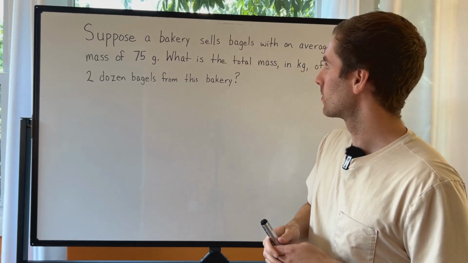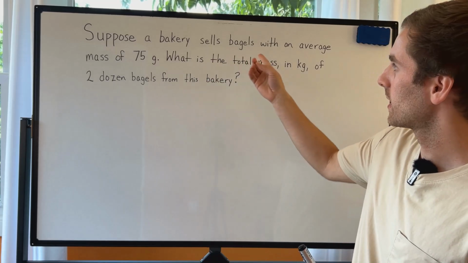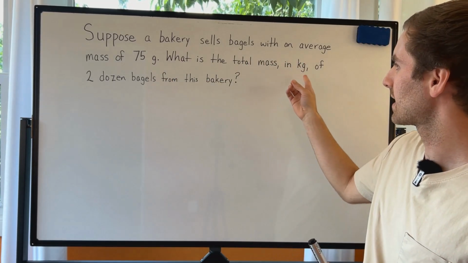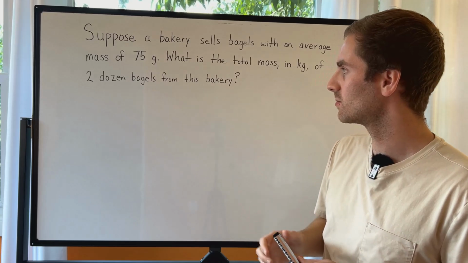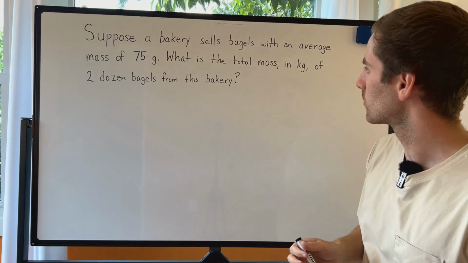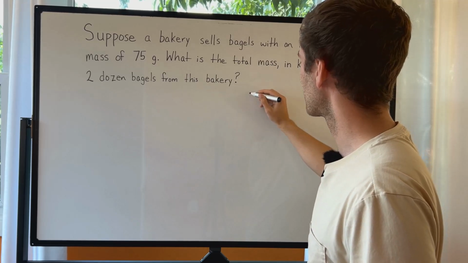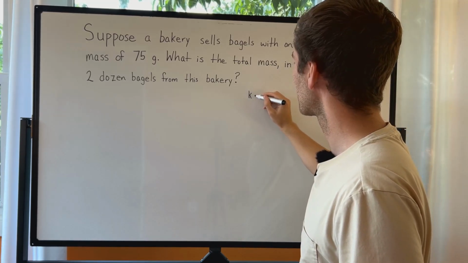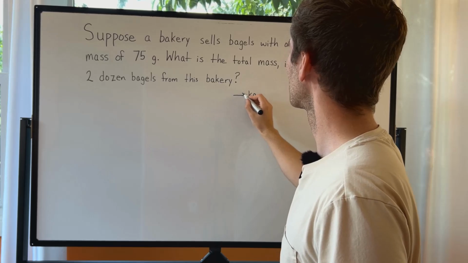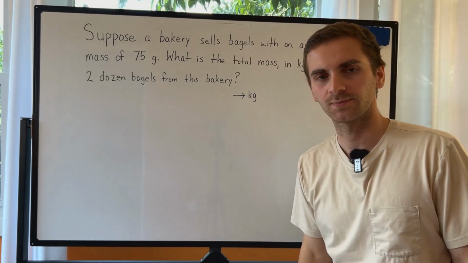Suppose a bakery sells bagels with an average mass of 75 grams. What is the total mass in kilograms of 2 dozen bagels from this bakery? So we want the total mass in kilograms. That's what we want to end up with.